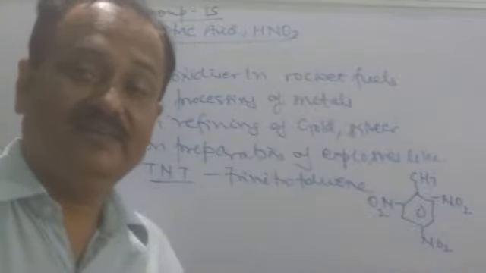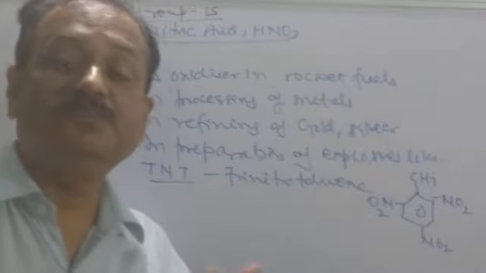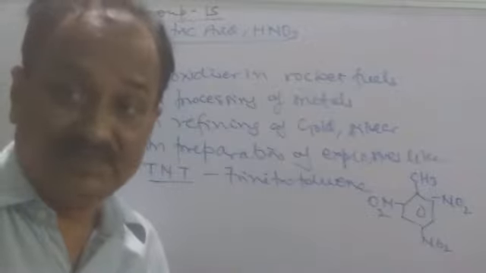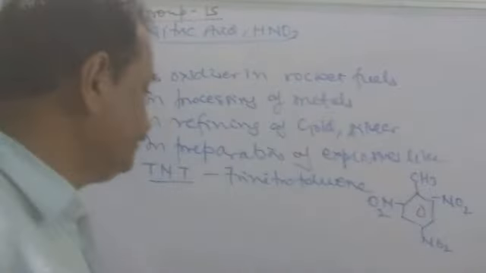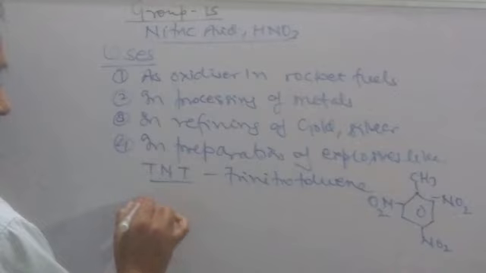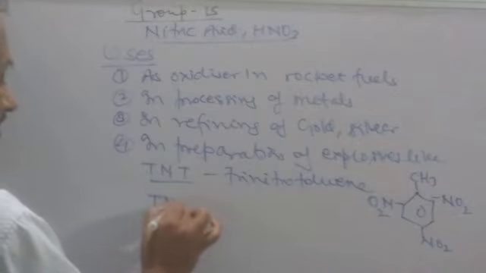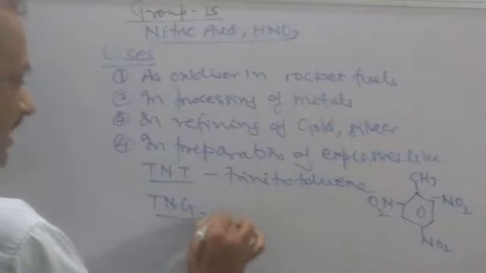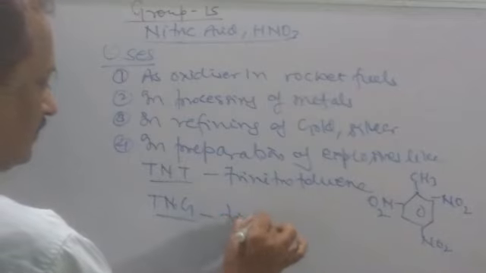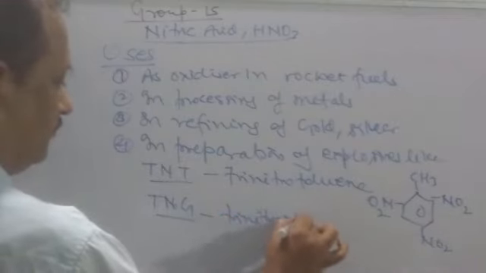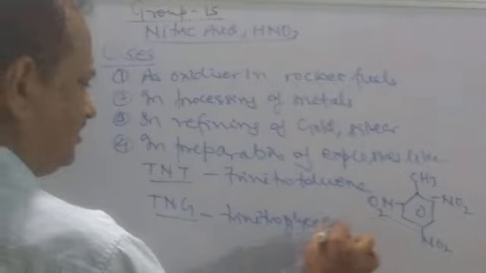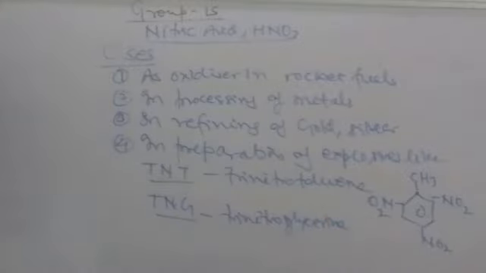TNT is not active, but TNT becomes active when it is absorbed on a porous material, and it is Kieselguhr earth. Then in preparation of TNG, trinitroglycerin, so they are explosives.